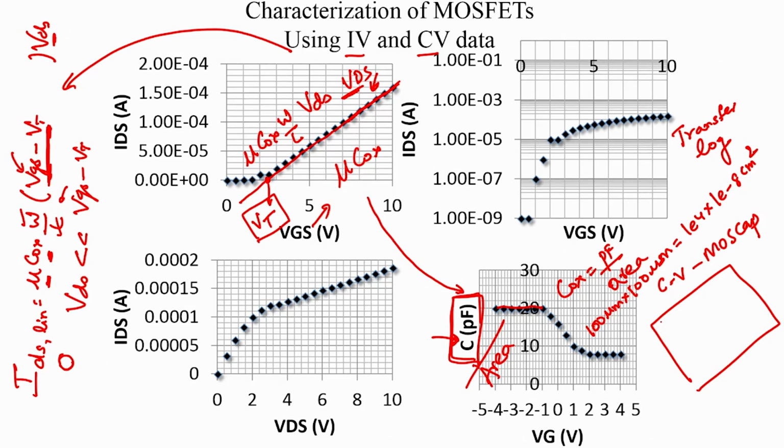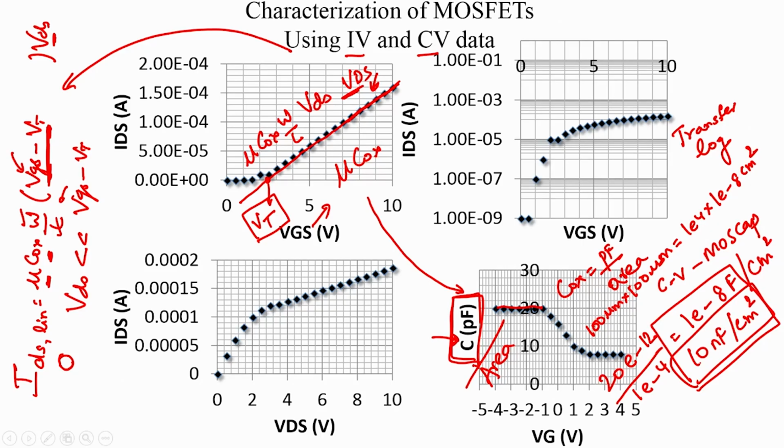Okay. And therefore, COX in this case would be 20 picofarad, that is 1e minus 12 divided by 1e minus 4, which is about 1e minus 8 farads per centimeter square. That is about 10 nanofarads per centimeter square. So, that is the value of COX in this example.